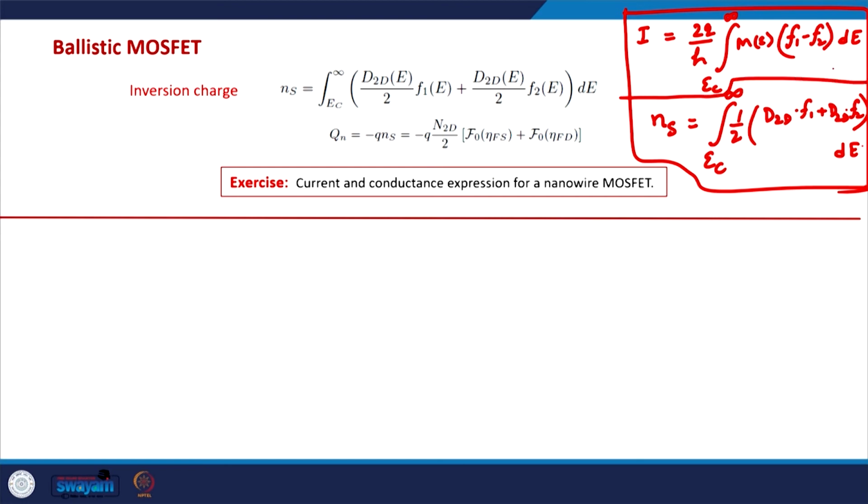Okay, and ultimately while solving these integrals, they are converted into Fermi-Dirac integrals of various orders. So this analysis is in a way complete, but we have also seen in the beginning that the general current expression is something like this.